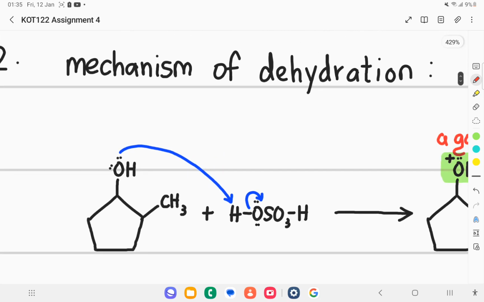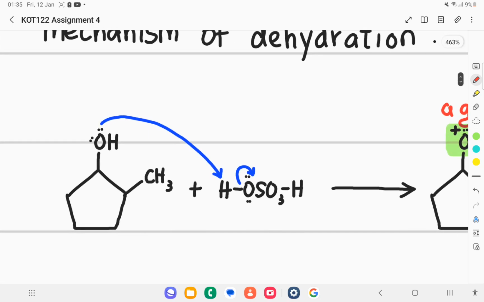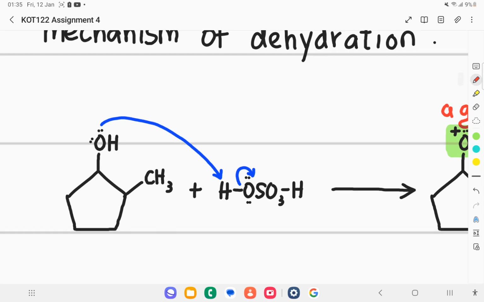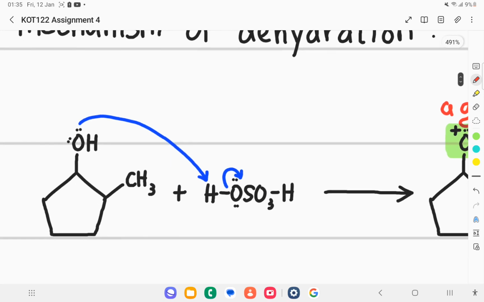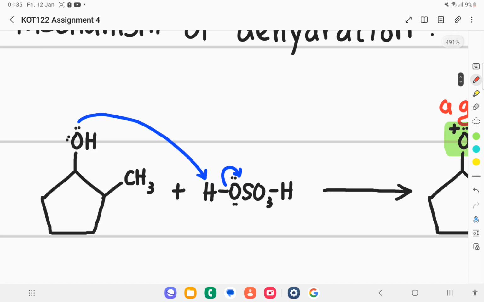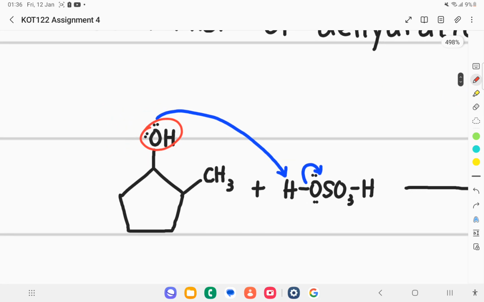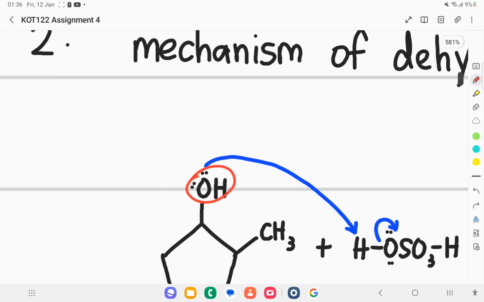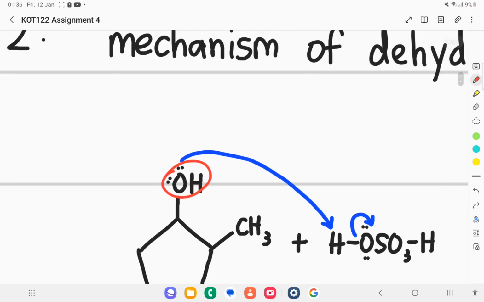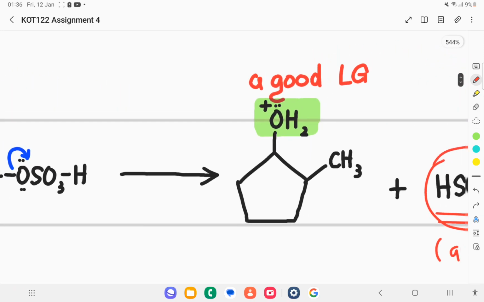As a brief conclusion, in step 1 there is a conversion of OH to positive OH2, which means that OH is a poor leaving group, so it will be converted into a good leaving group first.